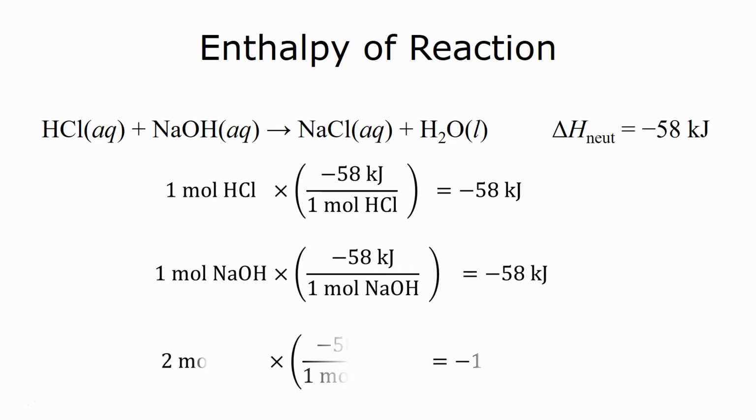And if we want to neutralize 2 moles of hydrochloric acid, using the enthalpy of neutralization as a conversion factor between moles of hydrochloric acid and energy released, we're going to get twice that. We're going to get negative 116 kilojoules, or 116 kilojoules released.